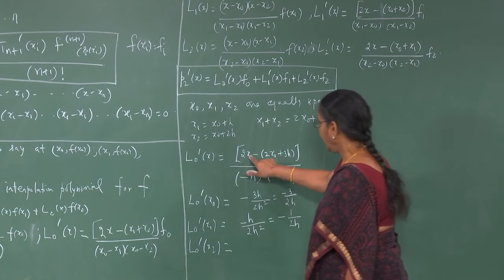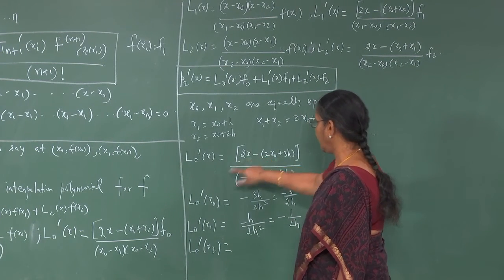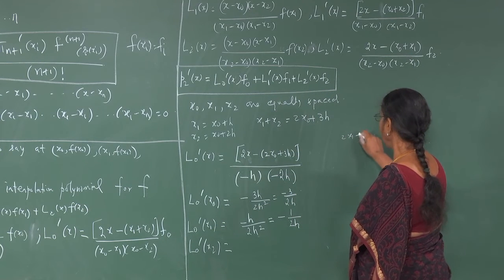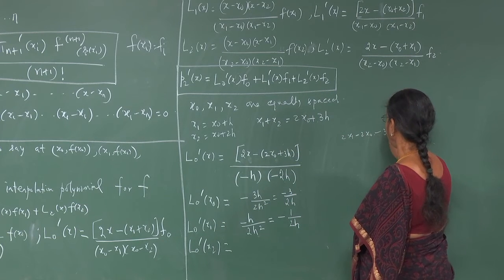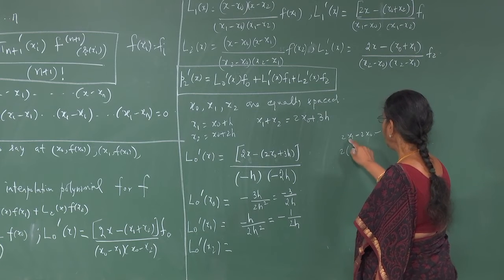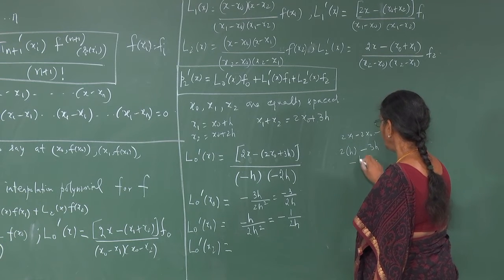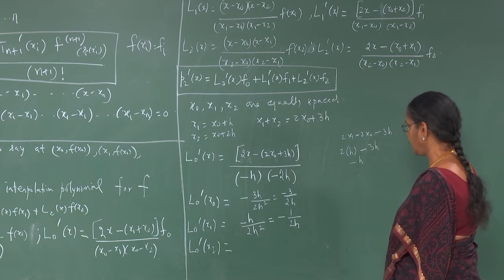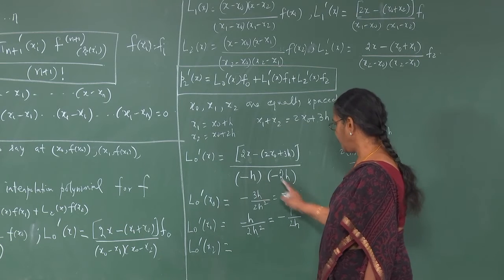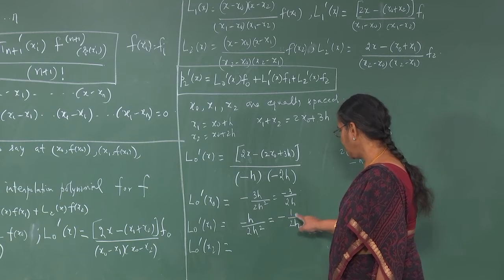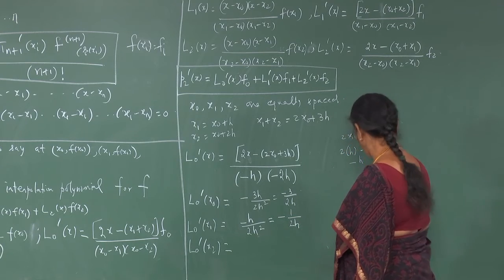All right. At x equal to x1, I require L0 dashed of x1. So, this is 2x1 minus 2x0 minus 3h, so it is 2 into (x1 minus x0) minus 3h. The numerator is minus h, the denominator is 2h square, and so you will be left with minus 1 by 2h. Fine.